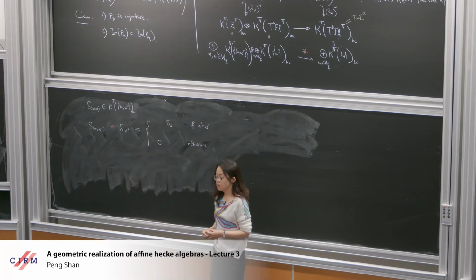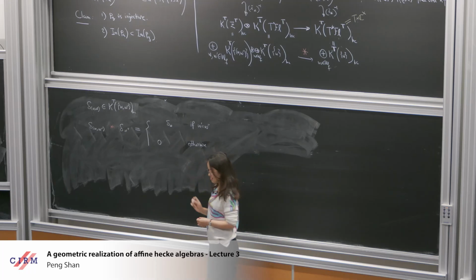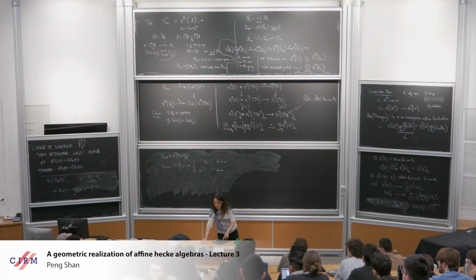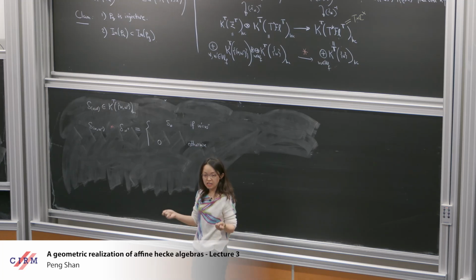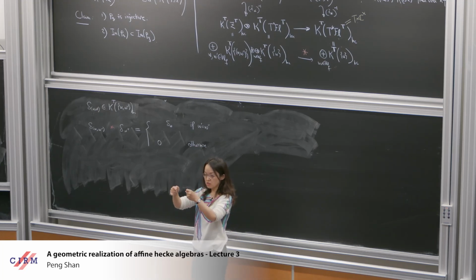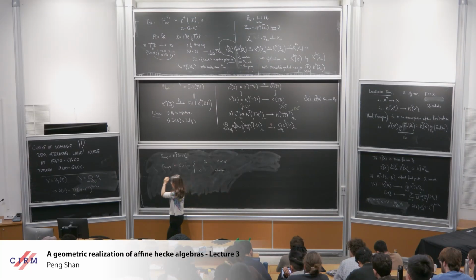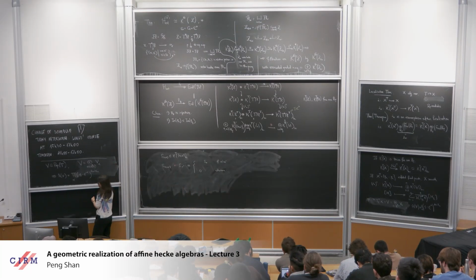Okay, but it is not quite that. Does anyone know why? Yeah, you can say it that way. But you remember on the first day when we were talking about the convolution product, we said we pull back classes in K-theory to the top. So you remember on the first day I had this diagram.